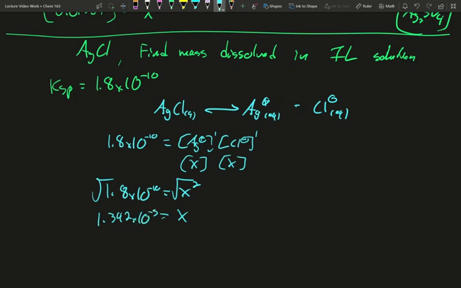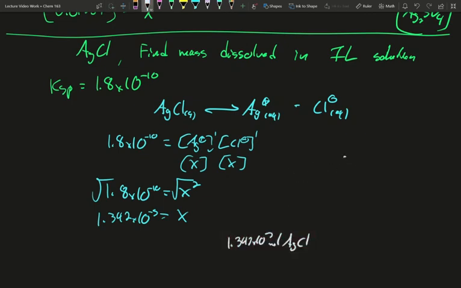Well, that's our concentration of the ions. So that's how many moles of ions. We're in 1 liter. So the molarity is our moles. In which case, 1.342 times 10 to the minus 5 mole of silver chloride successfully dissolves.